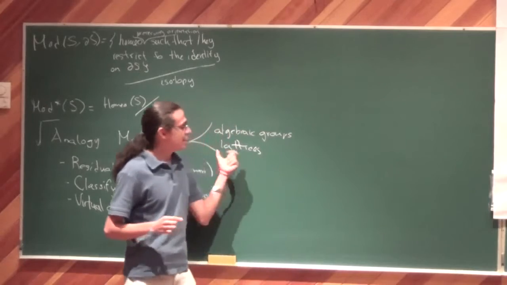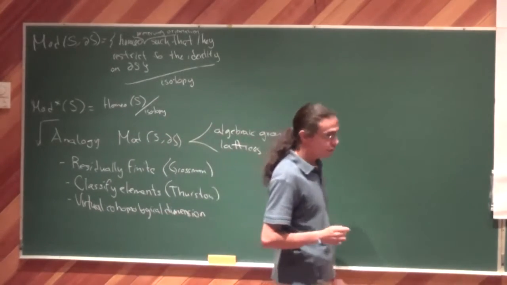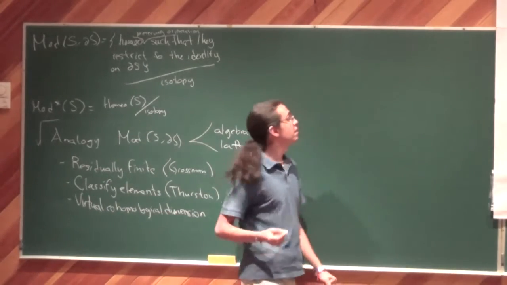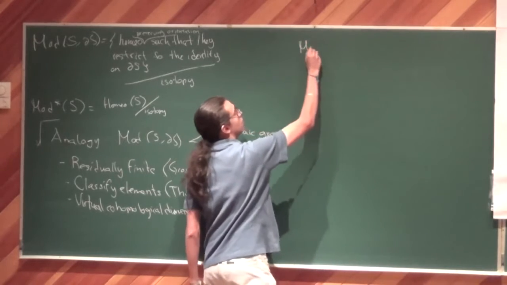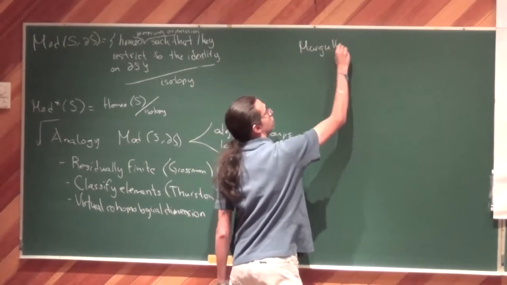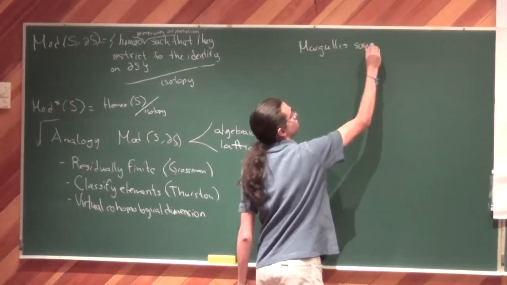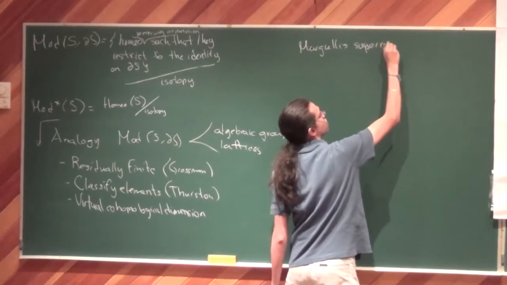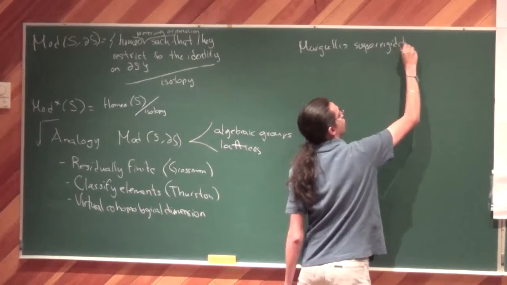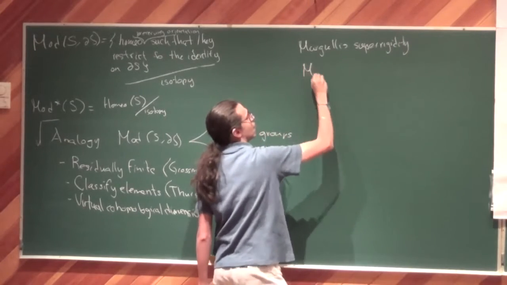Now, for lattices, there are two rigidity results, one given by Margulis, called Margulis superrigidity, and another one given by Mostow.